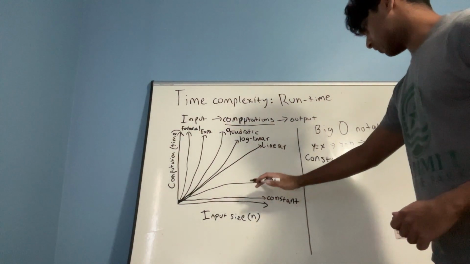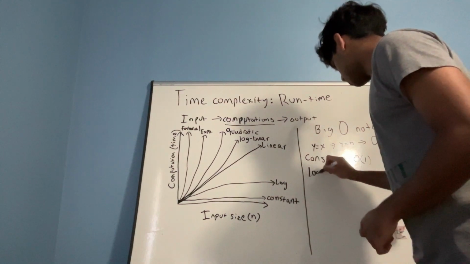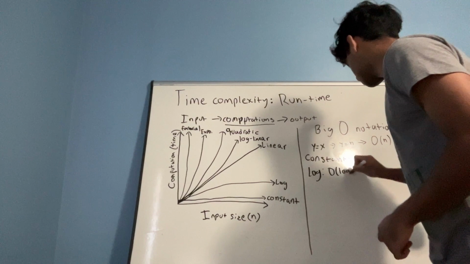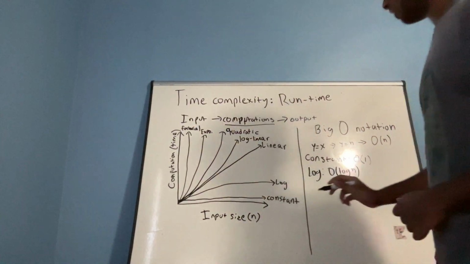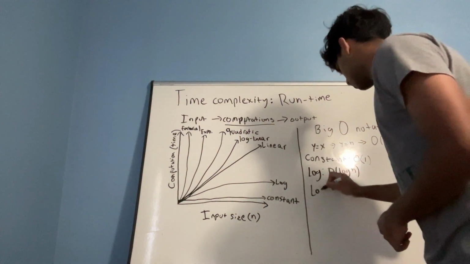So let's go to the next one. All right, we'll go in order. Log is just going to be O of log n. And then we already did linear, so we'll do log linear.